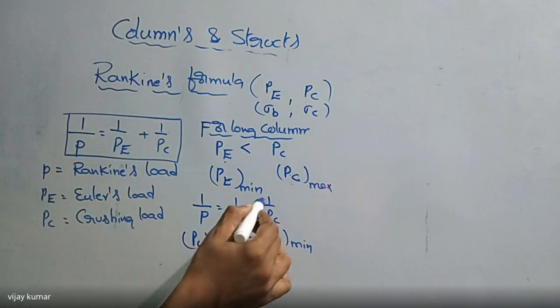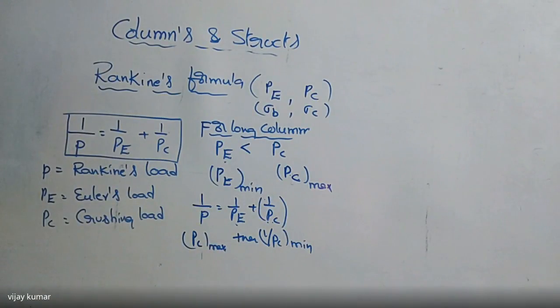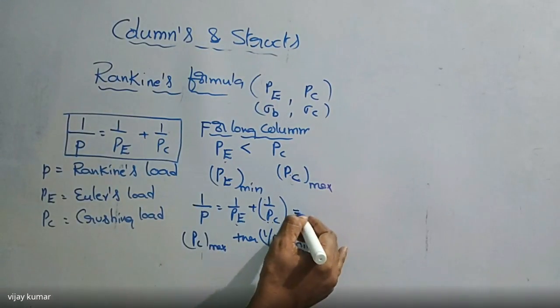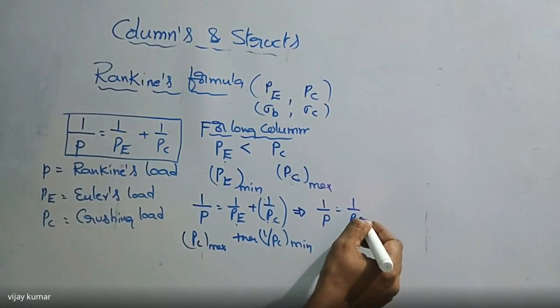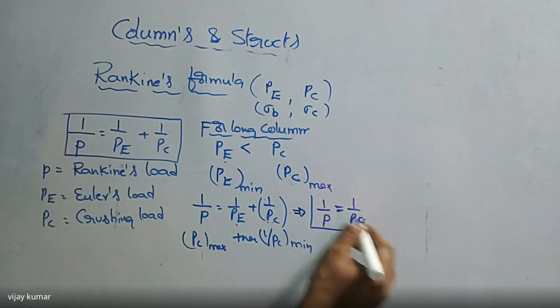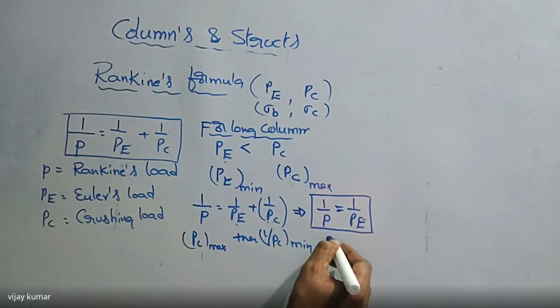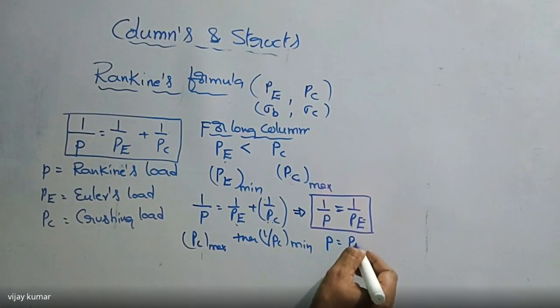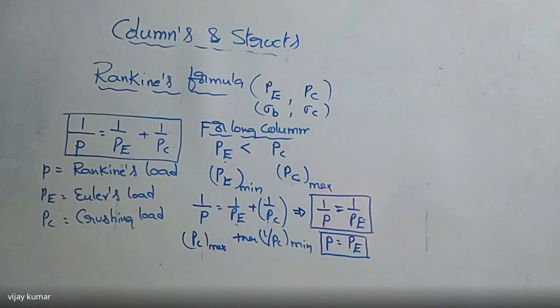So I'm going to neglect this value in the case of a long column. That implies 1 by P is equal to 1 by PE. This is the Rankine formula for a long column. So from this I can write directly that Rankine's load is equal to buckling load or Euler's load or critical load, for a long column.